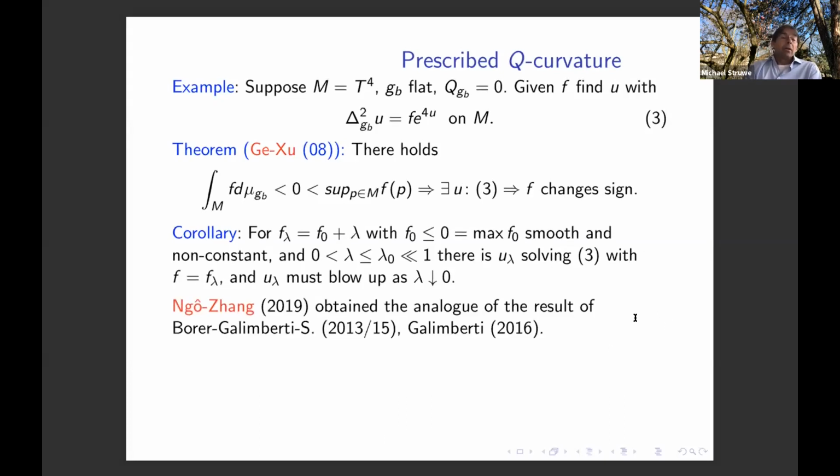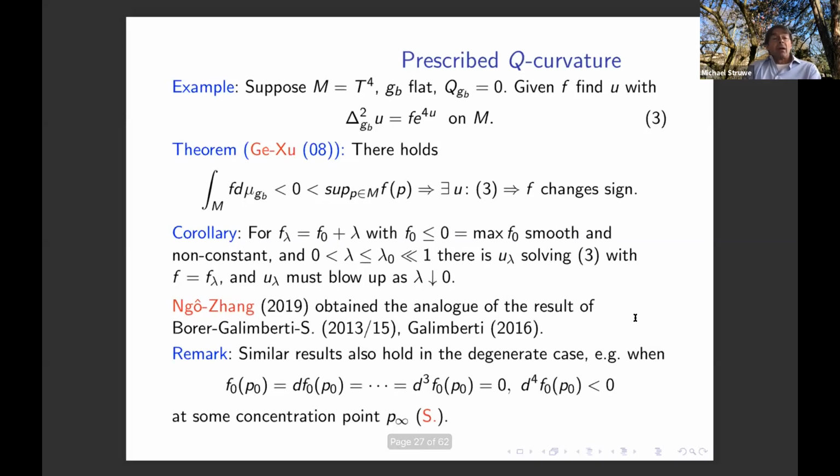First of all, Guo and Zhang in 2019 were able to use the monotonicity trick in a manner similar to the way that Bora, Galimberti, and I used it to obtain a blow-up result in the spirit of what we had seen in the first theorem. And in fact, it will be important for the later part of the talk to note that similar results also will hold in the degenerate case when the function f0 only takes off to 4th order from a constant.